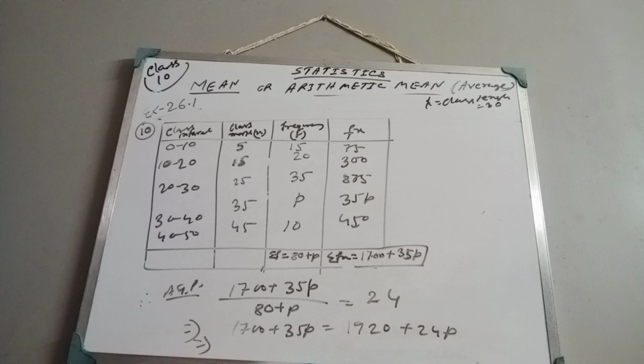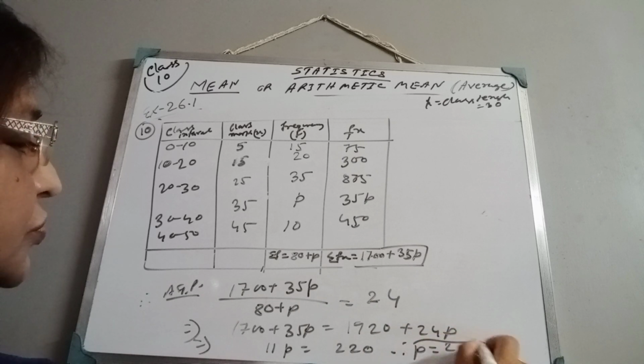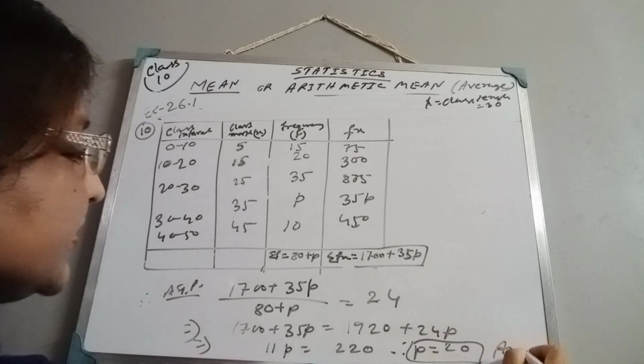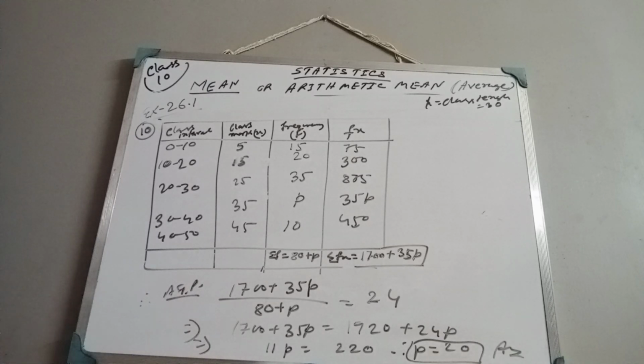Now 35p minus 24p equals 11p, and 1920 minus 1700 equals 220. 220 by 11 equals 20. So p equals 20. That is the answer.